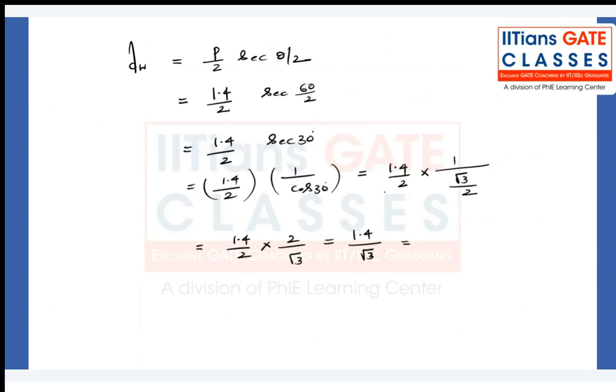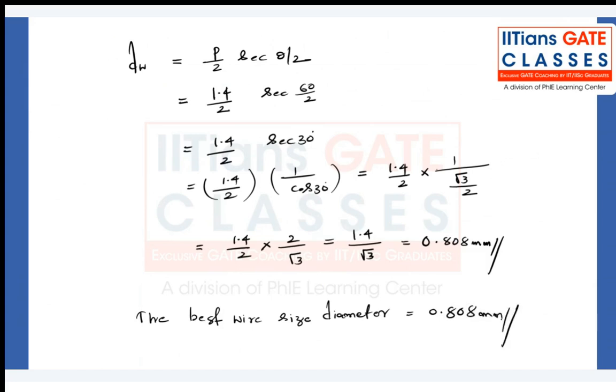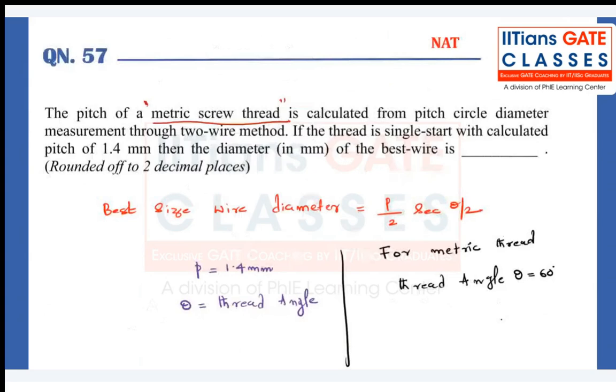Now here it is going to be 0.808 mm. Okay. The best wire size diameter is equal to 0.808 mm. Great. Now let me write the answer.